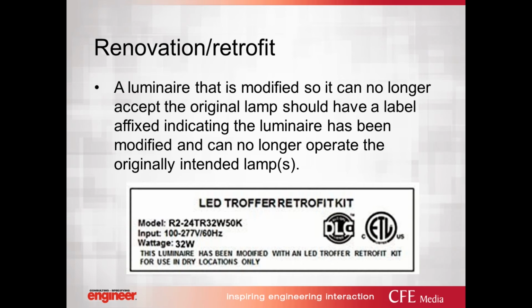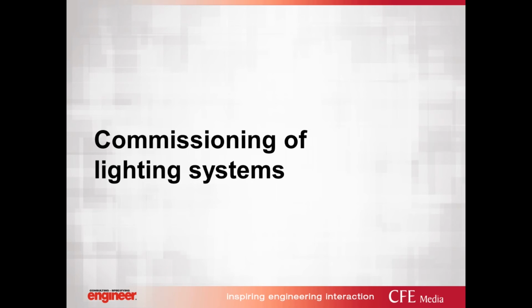Basically, it's telling the maintenance and operations personnel that, for example, if it's a fluorescent fixture, you don't want to change this out with fluorescent lamps. You want to use LED to replace it, because it could have an LED driver that won't be compatible with a fluorescent tubular lamp.